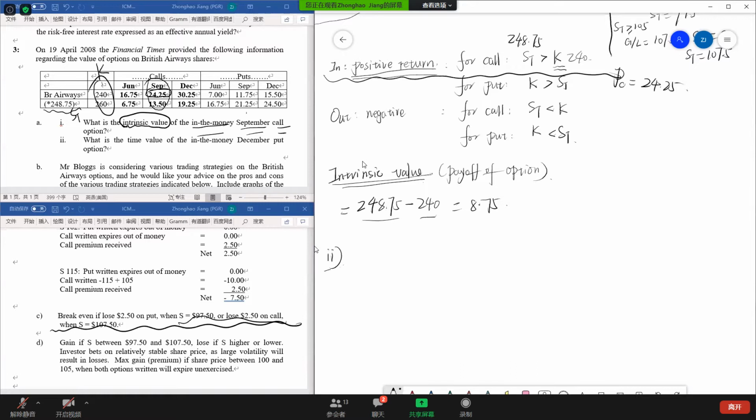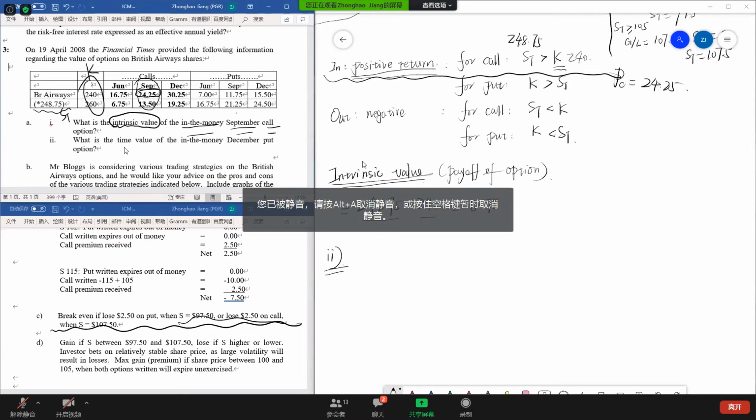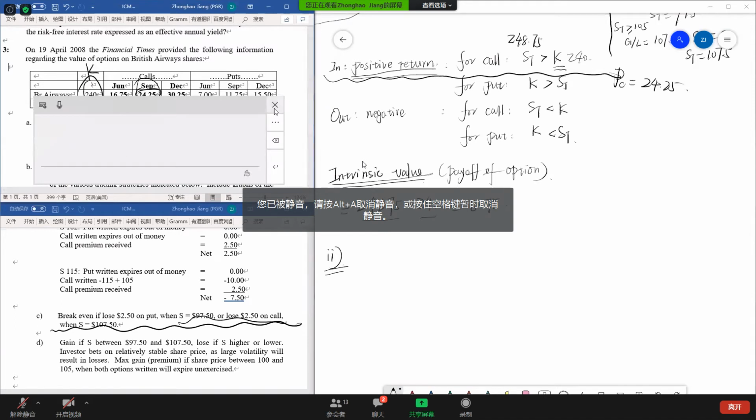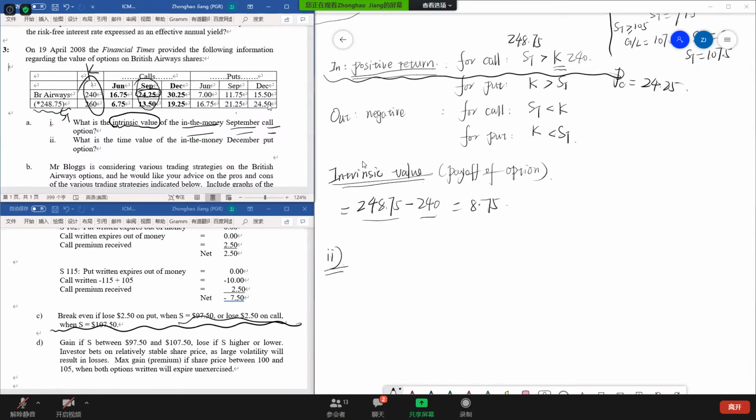For question A2, it asks you to calculate the time value of the in-the-money December put option. So similarly, we determine which price of the put we use is in the money.